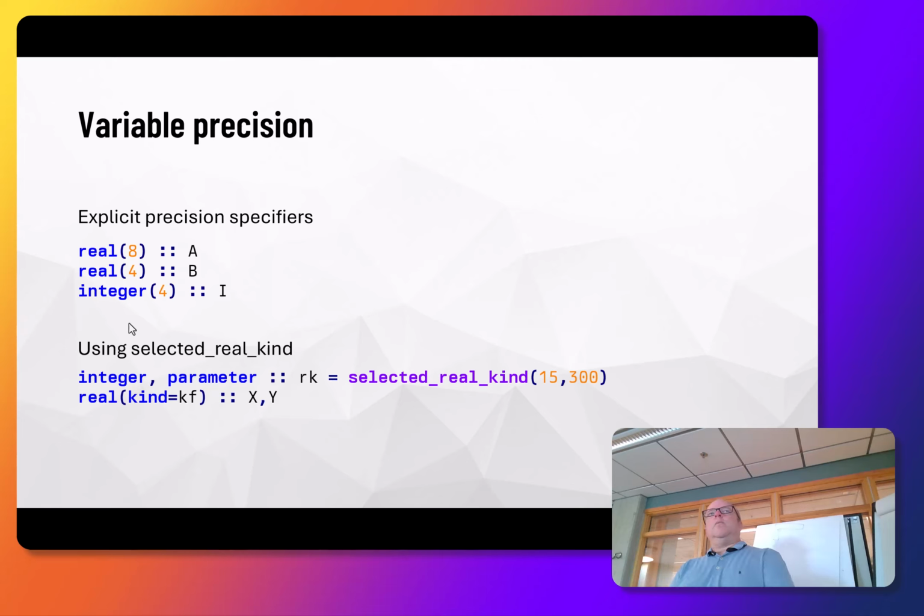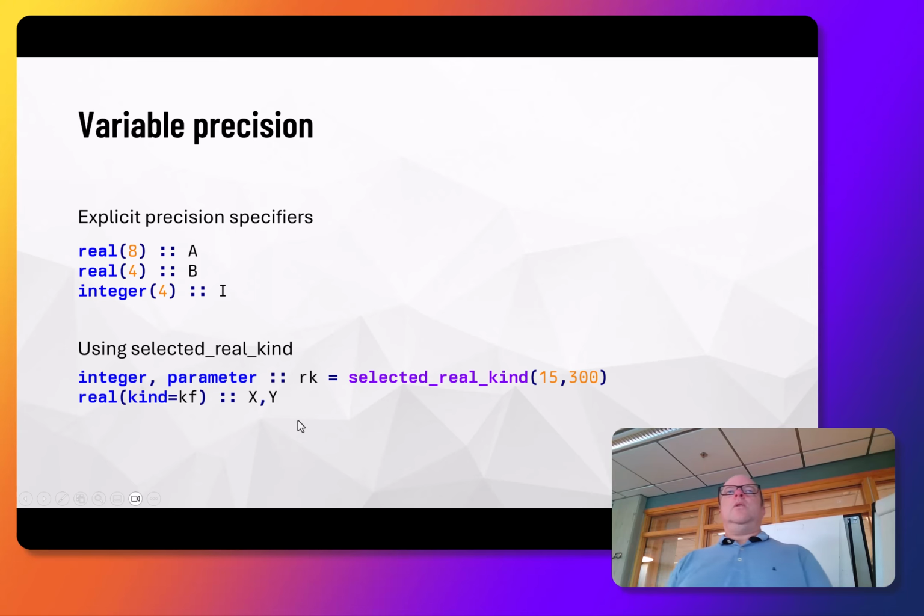So here you can do like this, real 8, real 4, and usually in the Intel world that means that the top one is double precision, and real 4 is single precision. But it's not guaranteed by the standard.